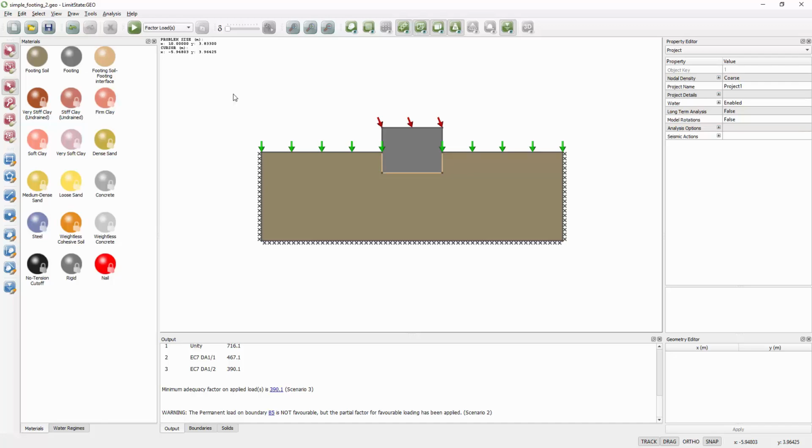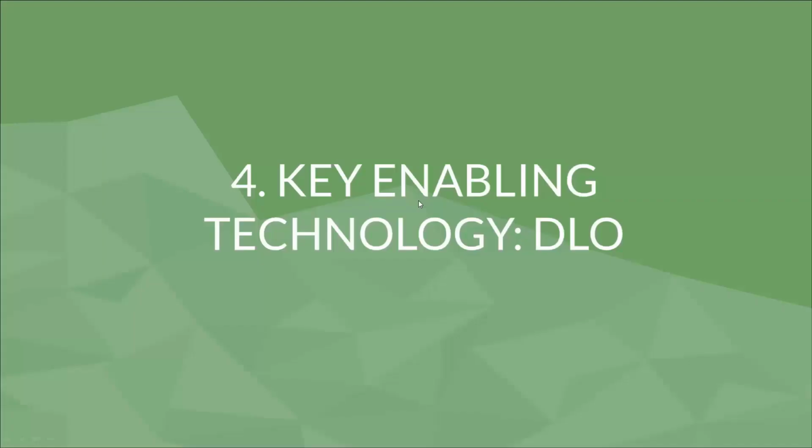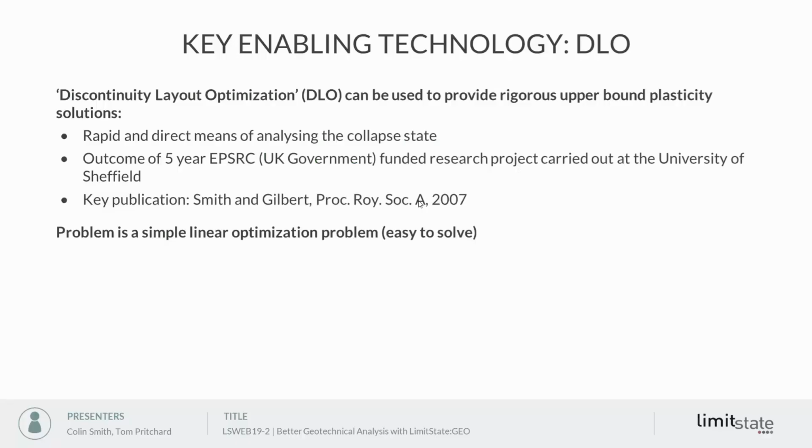What I'm going to do is wrap up, just close that file and wrap up just by explaining how the software works. So it's built on a technology called discontinuity layout optimization, which is a rapid and direct means of analysing the collapse state. Came out of a 5-year EPSRC research project carried out at the University of Sheffield, published in the Proceedings of the Royal Society in 2007.